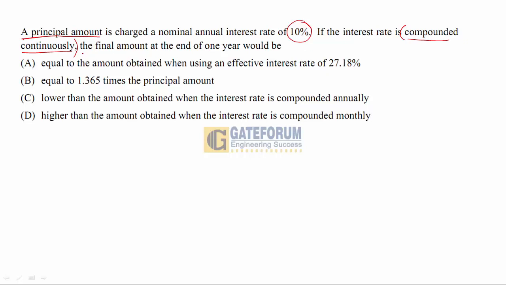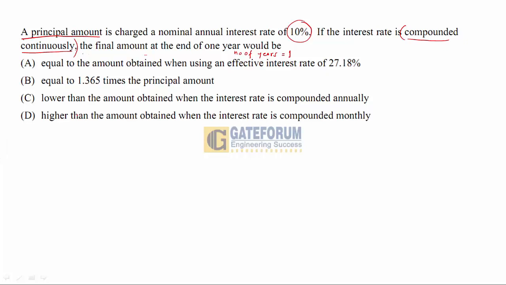So we are to calculate the final amount at the end of 1 year, which means our number of years, in this case, is 1. We need to select the correct option.